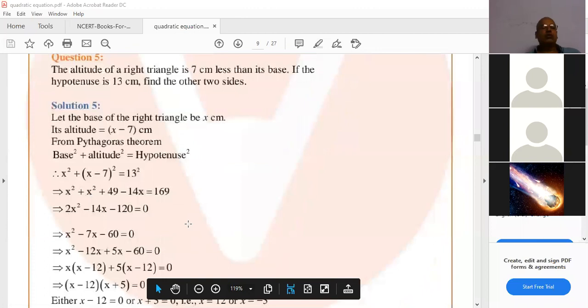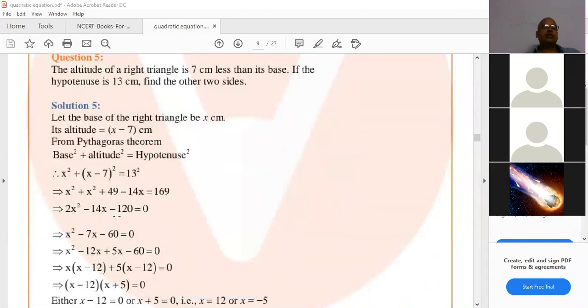Now x square plus x square means 2x square minus 14x plus 49, minus 169 transposed to the LHS. Hence 49 minus 169 is equal to minus 120. This is the equation: 2x square minus 14x minus 120 equal to 0.